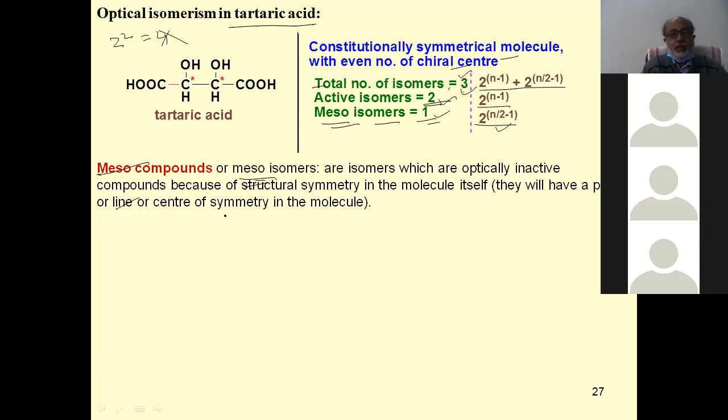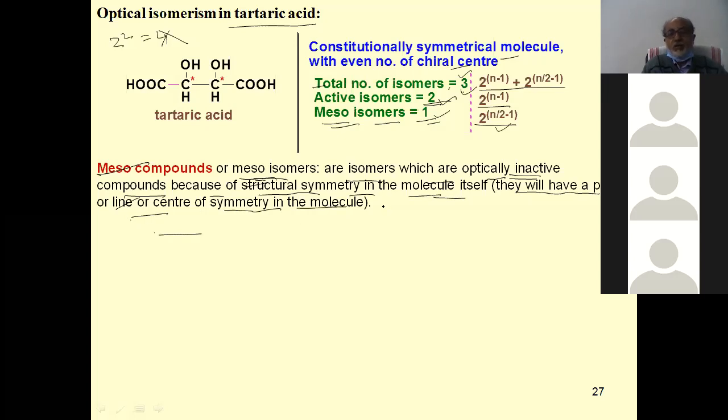Okay, you know what meso is. So meso isomers are isomers which are optically inactive because of structural symmetry in the molecule itself. The molecule becomes symmetric. So they have a plane or center of symmetry in the molecule.